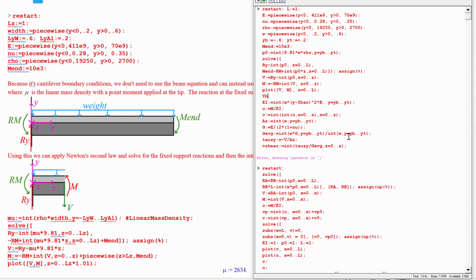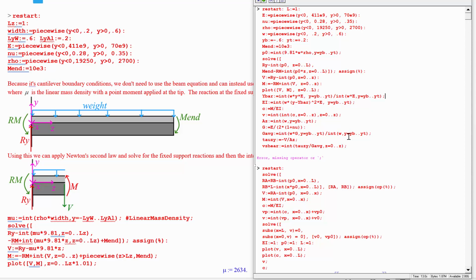But in order to do that, we do need the average Y position. And this one is an average, W times Y, and we're going to weight this with the stiffness, Y equals Y bottom to Y top, over the integral of W times E from Y equals Y bottom to Y top.